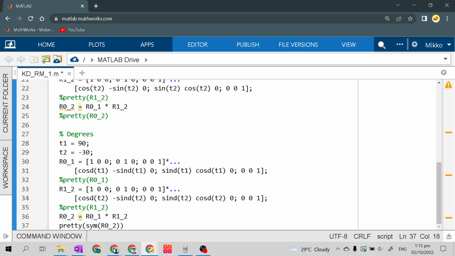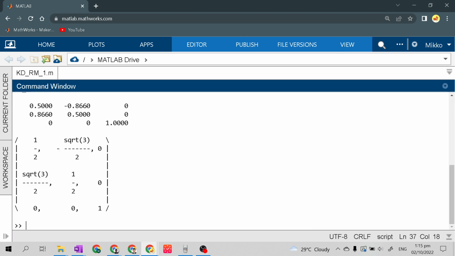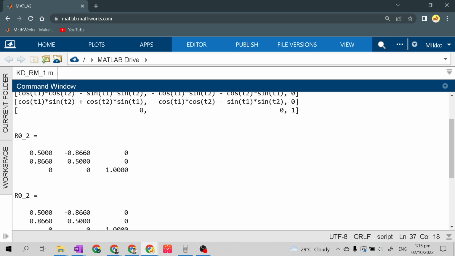Then F5. So this should have fraction elements inside the 3 by 3 rotation matrix. R02 is the algebraic expression inside the rotation matrix.